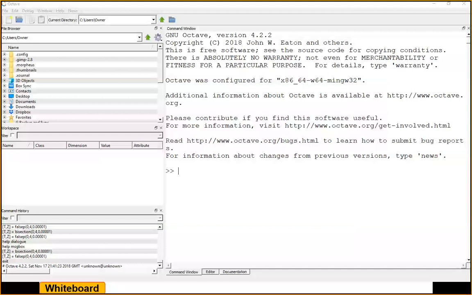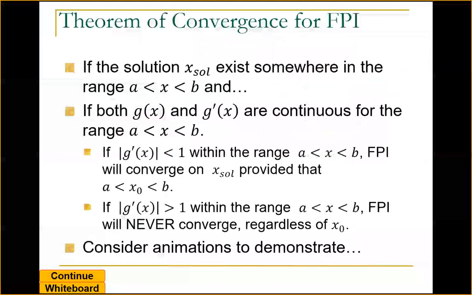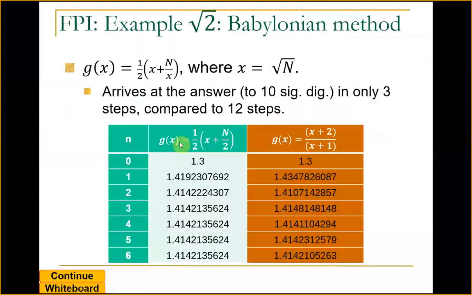Last thing we were dealing with was fixed point iteration, so we did the Babylonian method we talked about.